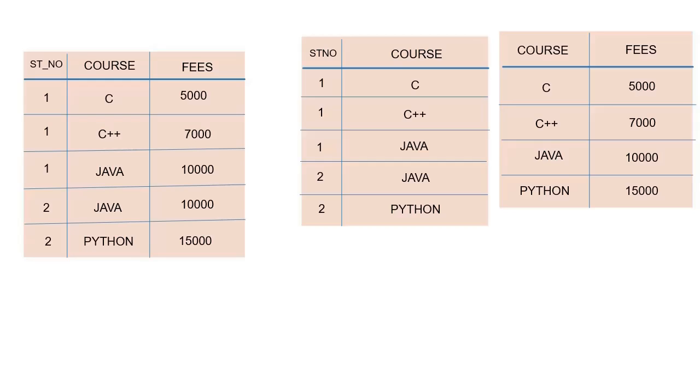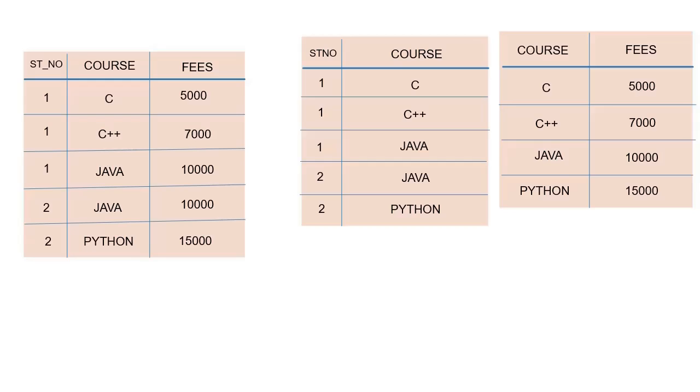But with regard to second normal form, each non-prime attribute should be completely dependent on the prime key attributes. Here we have 2 prime key attributes, student number and course, but fees is only dependent on course. So this table does not follow second normal form.